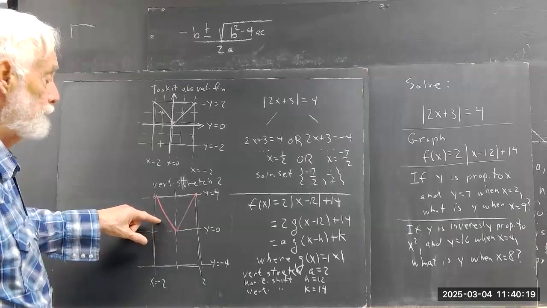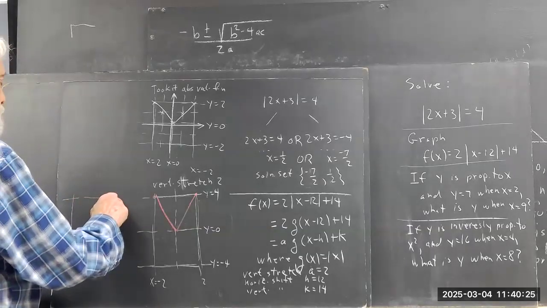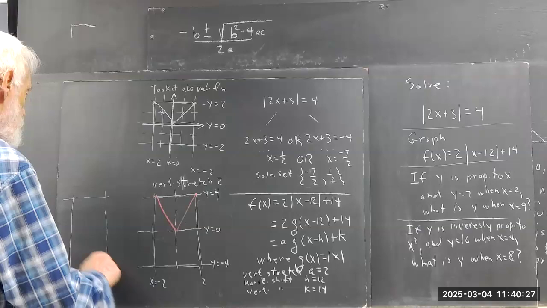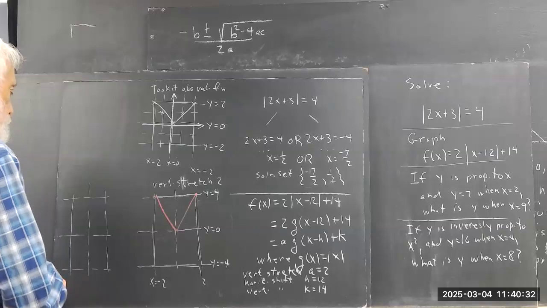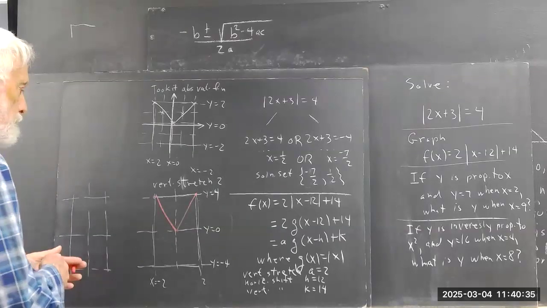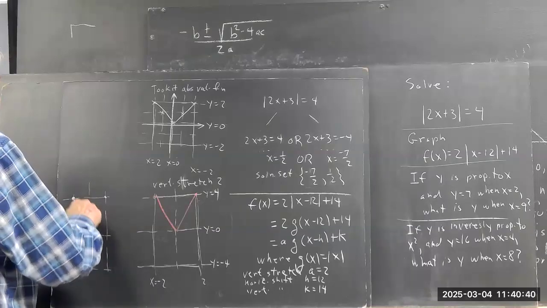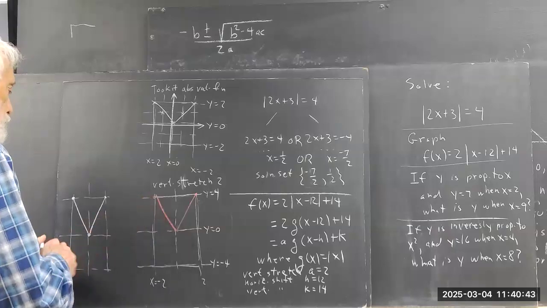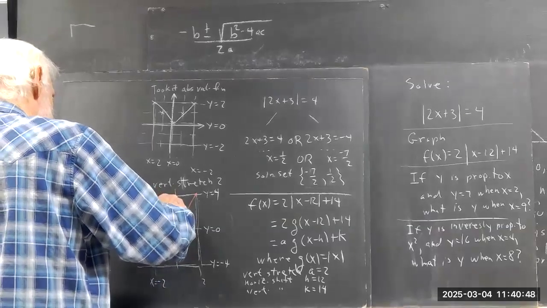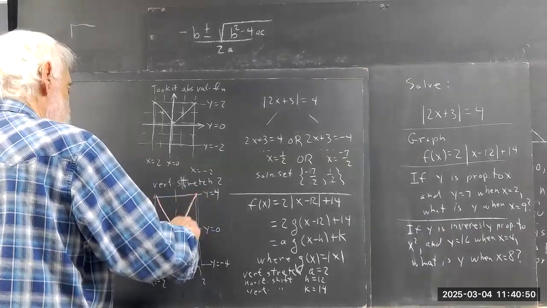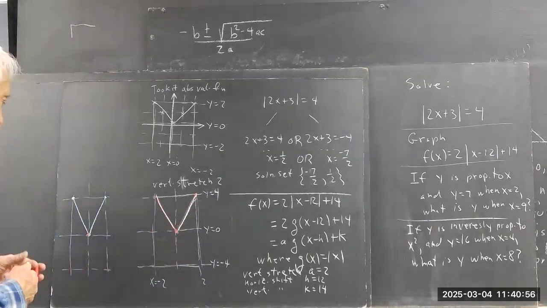Now, if we draw this same picture, and I didn't mean to use red chalk over here usually. Confine that to the vertex, so it's at least halfway, right?